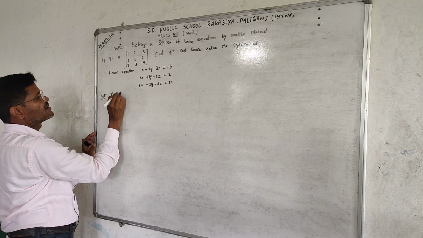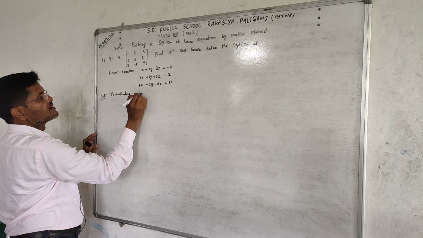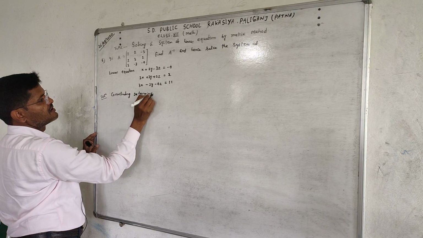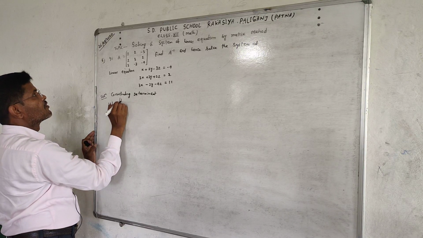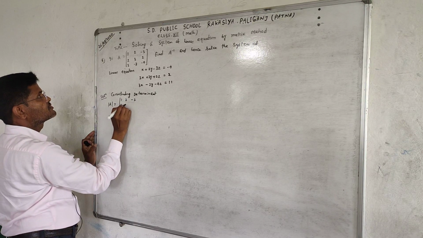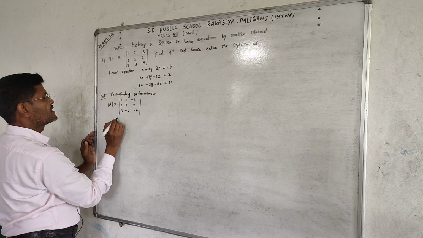Corresponding determinant A is equal to [1, 2, -3; 2, 3, 2; 3, -3, -4].